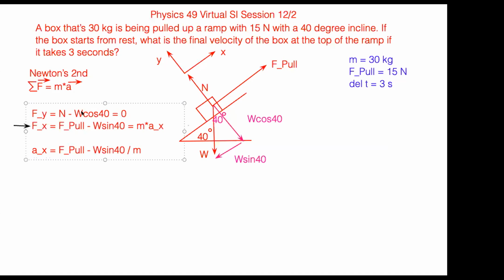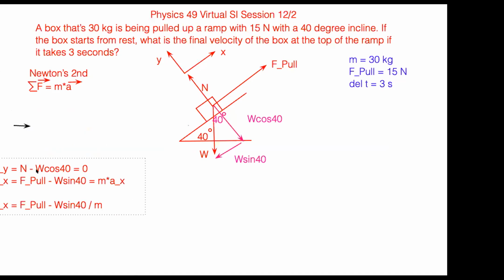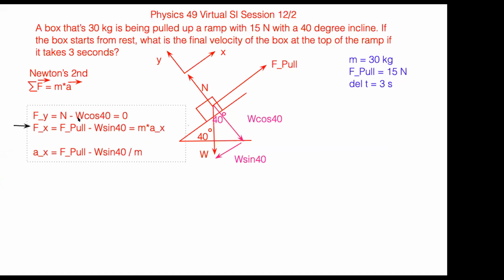Another reason why we want to solve for acceleration is because if we look at all these variables in the x equation, the only thing missing a value is acceleration itself. We have mass, we have weight, and we have F pull.